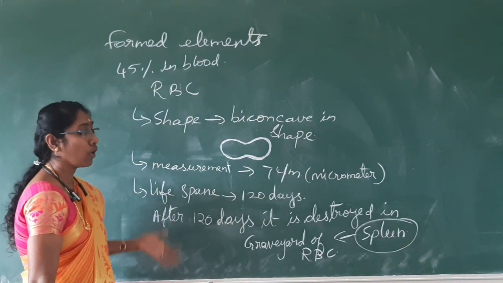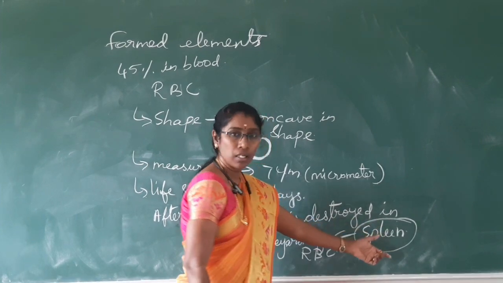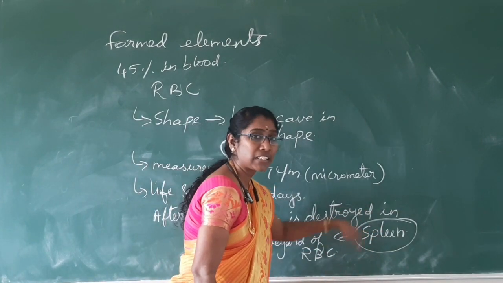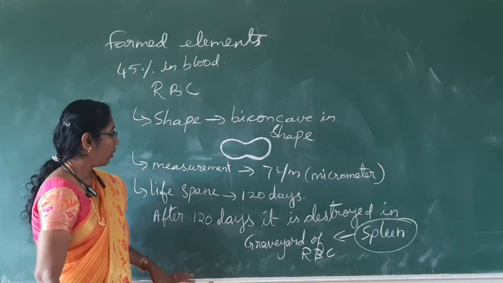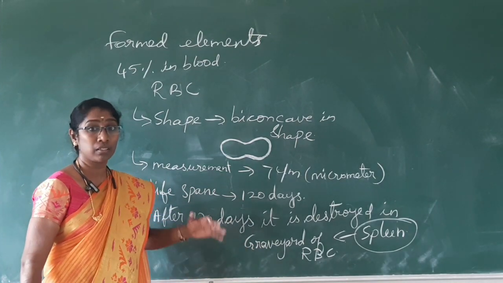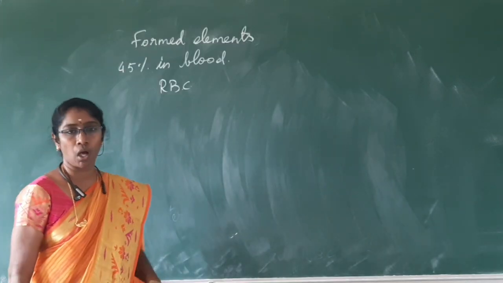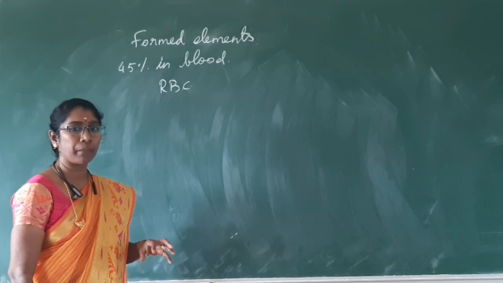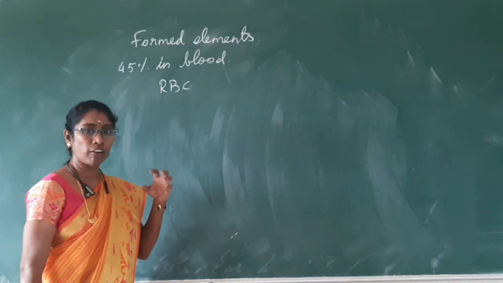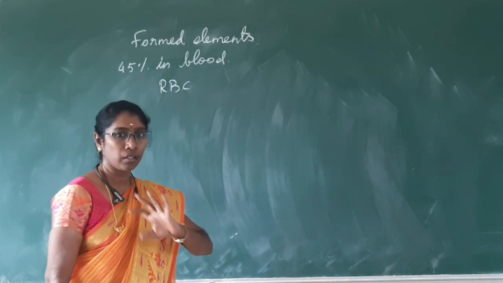After 120 days it will get destroyed in the spleen, so the spleen is called the graveyard of RBC. Apart from this, some special qualities are also there. Till now we saw the shape of RBC, the measurement of RBC, and the count of RBCs present in human beings.